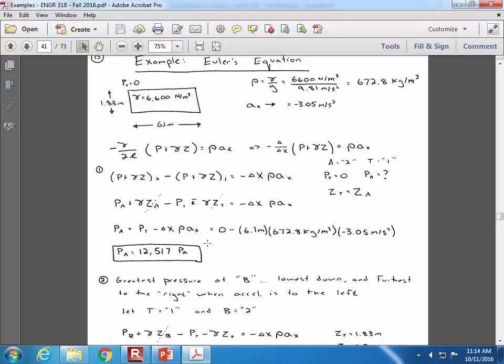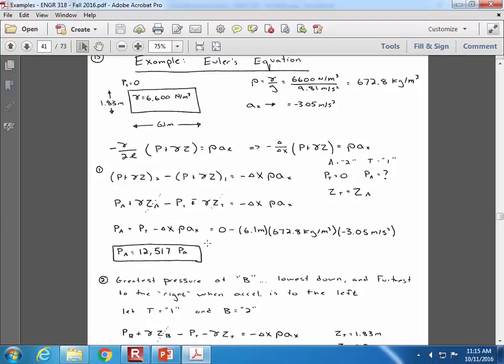Is there a question in the back? Go ahead. Does it matter, like, the direction of traveling? The direction of acceleration matters, but you always have to assume by convention that location 2 is whatever is on the right side of the 2 points that you're interested in, and location 1 is on the left side of the 2 points that you're interested in, assuming that it's the x direction we're talking about.